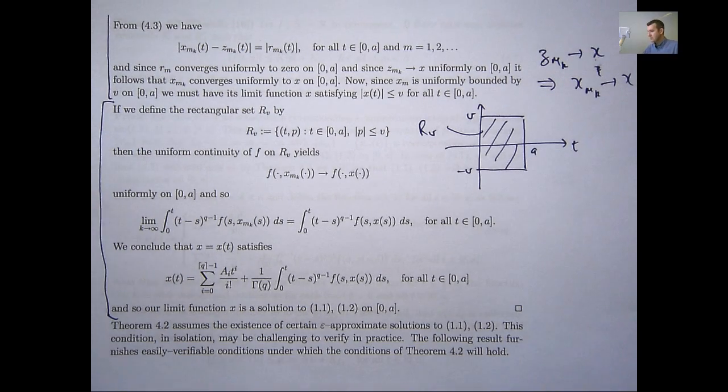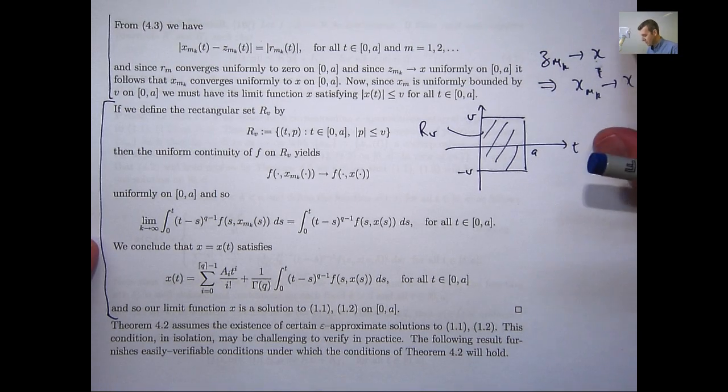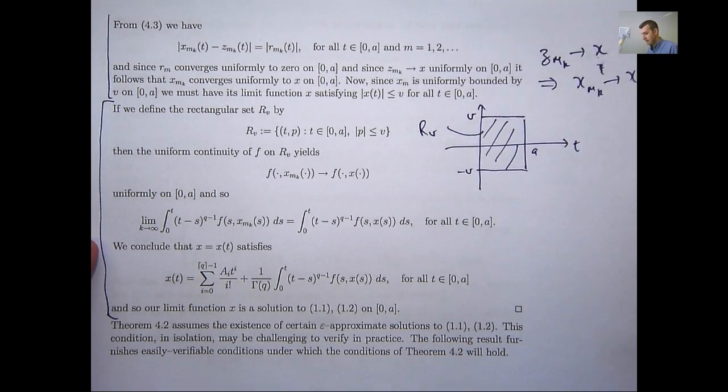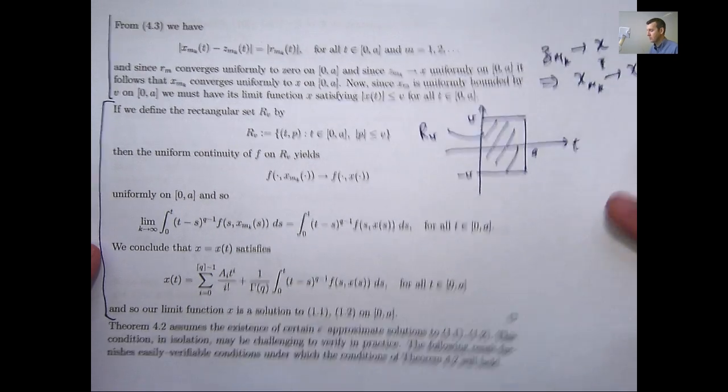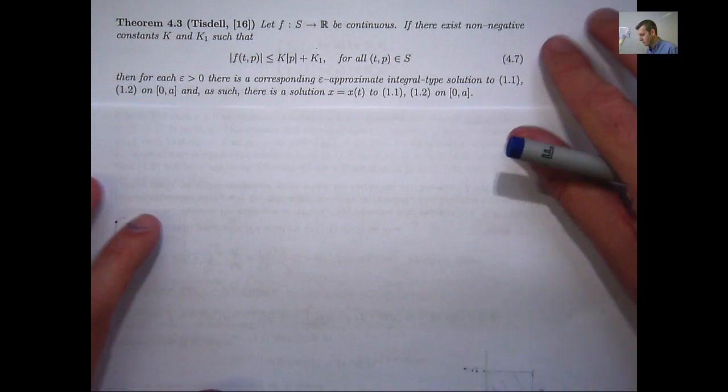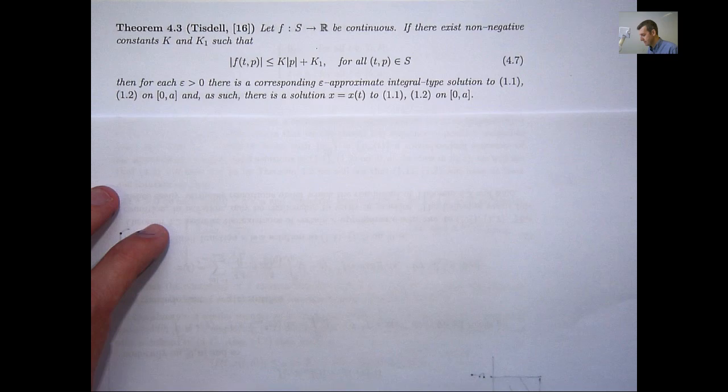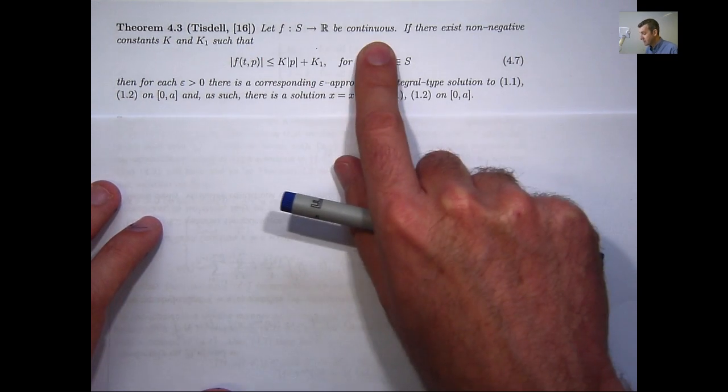Okay, well, it is a rather abstract theorem, and the conditions may be challenging to actually verify. So I formulated the following result with much more easily verifiable conditions. So this result is a lot more practical. Let f be continuous.